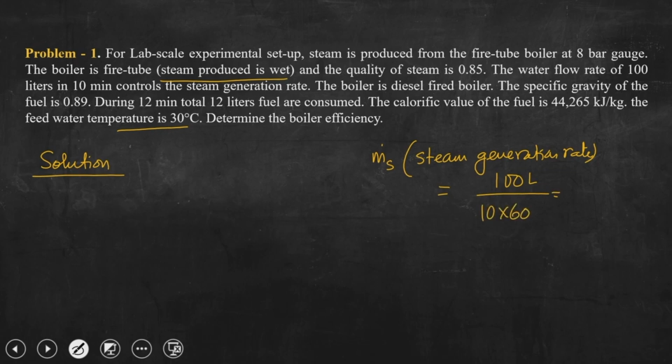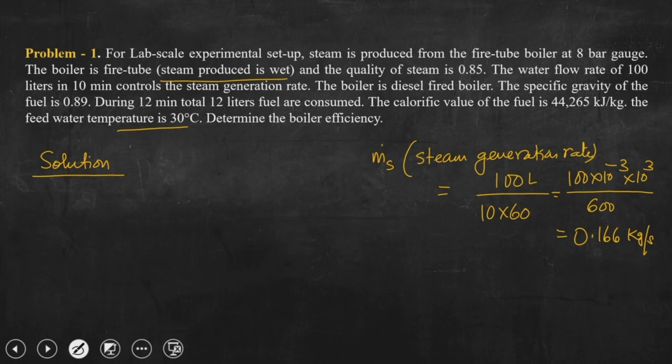If we convert into kg per second, that is 100 into 10 power minus 3 into 10 cube kg divided by 600. So, this is coming as 0.166 kg per second, because we are familiar with the unit of mass flow rate kg per second, that is why I have converted the unit liter into kg. That is very intuitive.